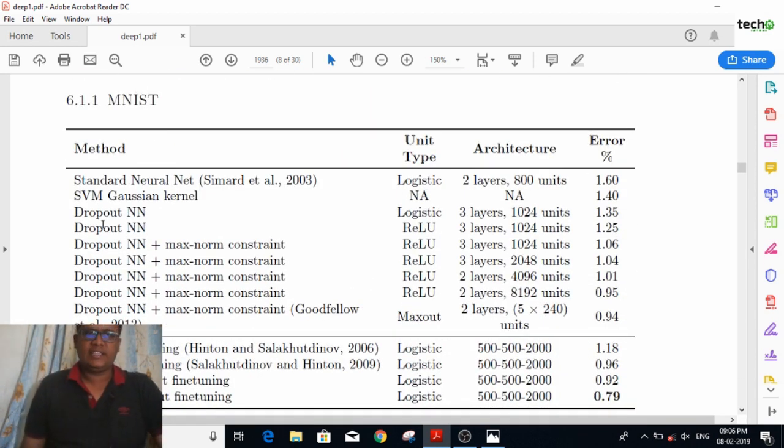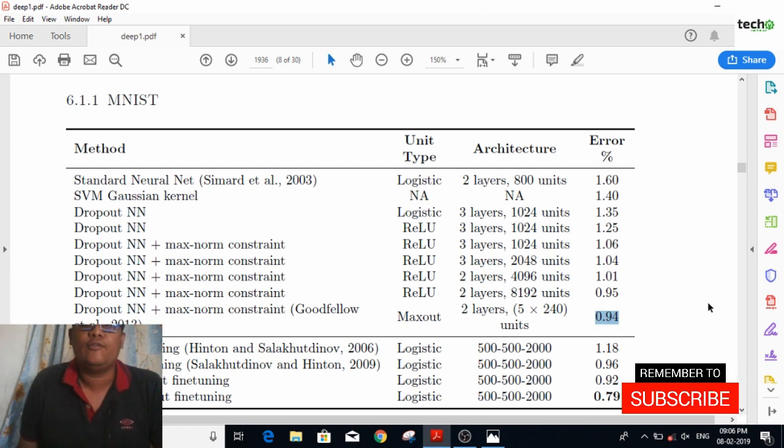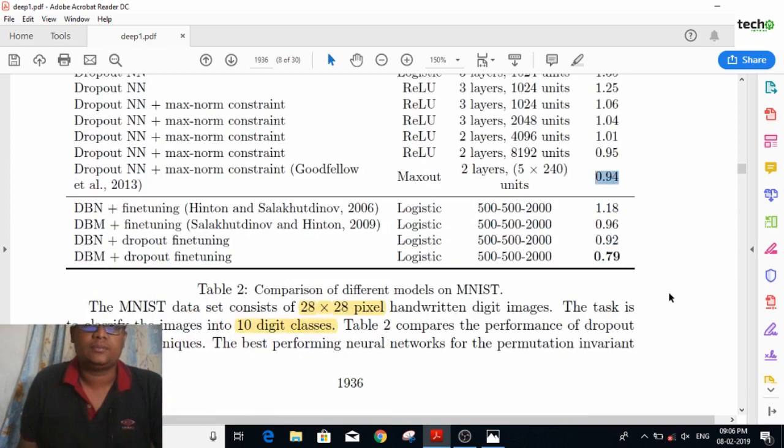For MNIST, they have used SVM, and they have made use of dropout neural networks with max normalization. These are the methods they have used, and this is the error rate they obtained. After having all these changes, the final error rate is 0.94. It is almost equal to 99%.